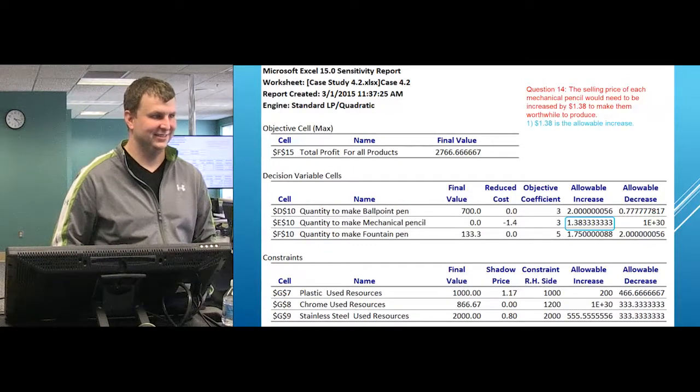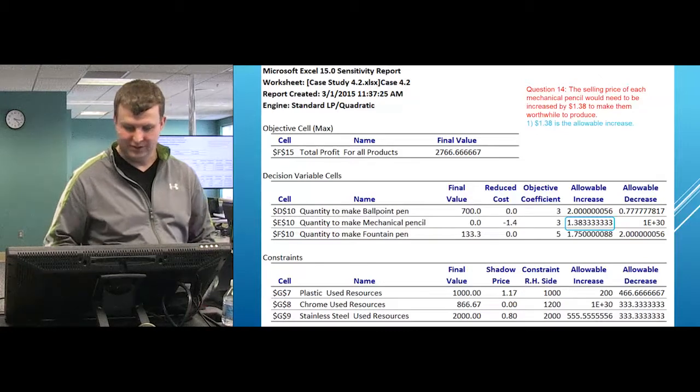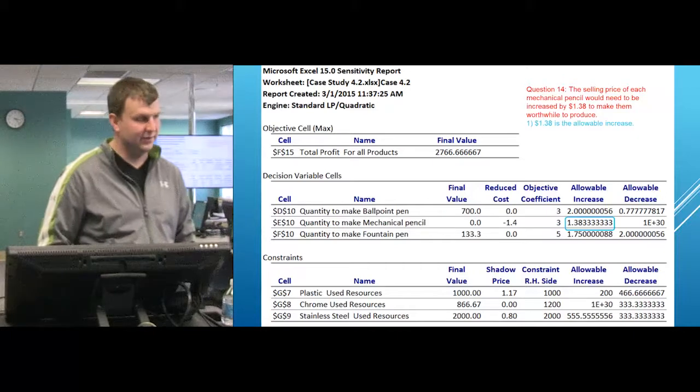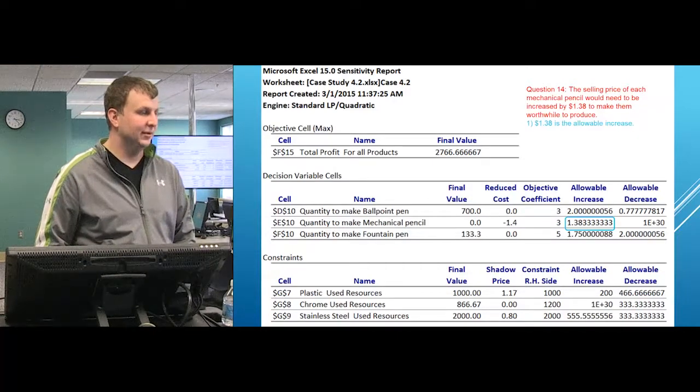That makes sense in this case because if you look at the allowable increase, what does it measure? It's the allowable increase of the profit of the mechanical pencil, right? Yep. And in this case, if you increase more than that, that means the profit of that mechanical pencil is going to increase, so it starts to make sense to make more mechanical pencils.